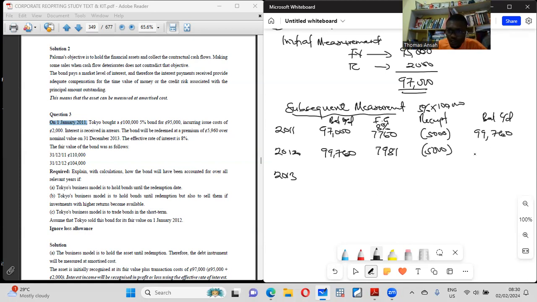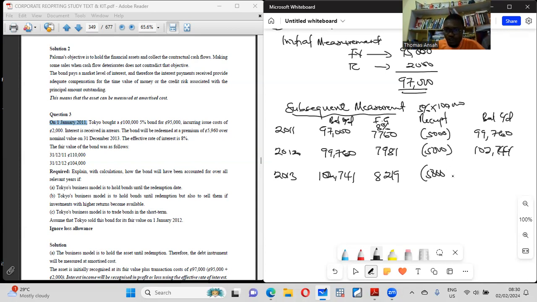So it is 102,741. So my balance is 102,741. If I do 102,741 by 0.08, what do I have? I have 8,219 here. It is rounded.